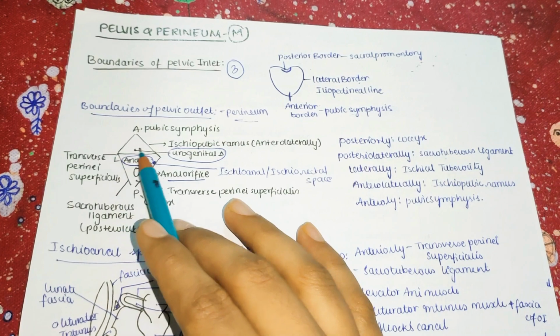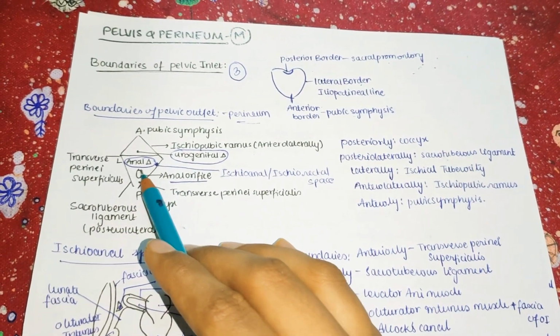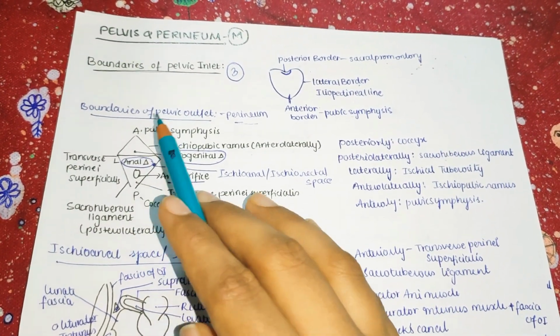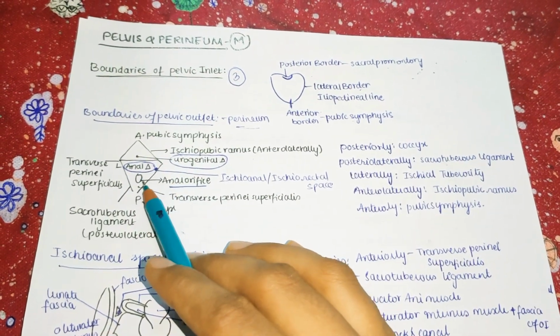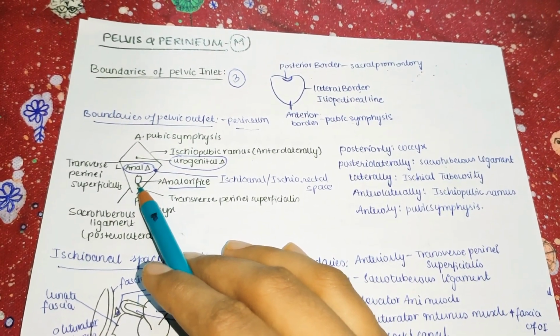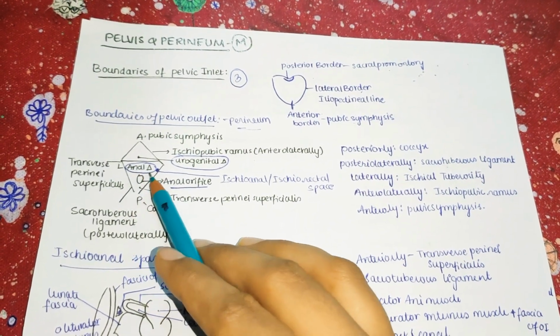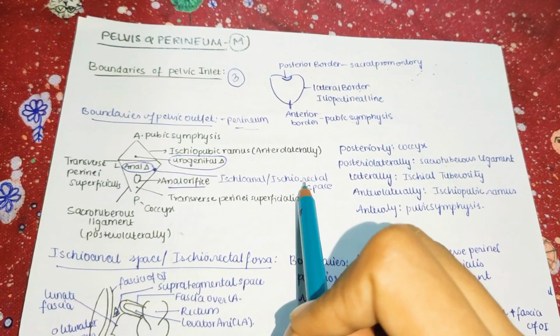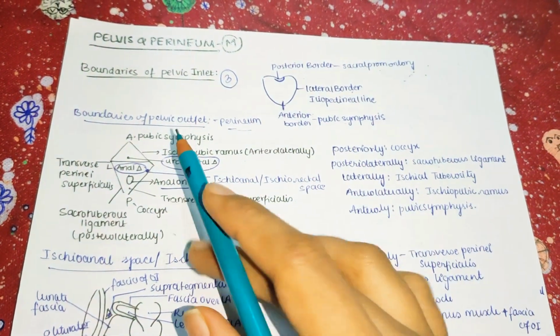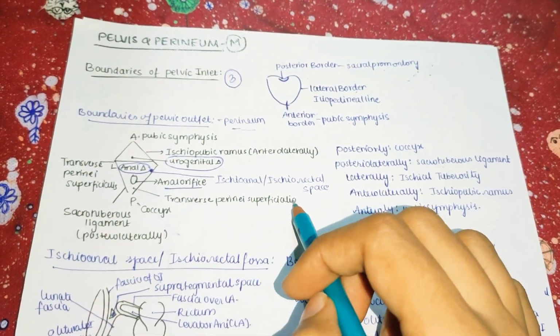Now this posterior part is divided into the anal triangle, and this anterior part is divided into the urogenital triangle. In the anal triangle you have the anal orifice. Surrounding that you have fat tissue, that is the ischioanal, also called the ischiorectal space. You can call it the ischioanal space or ischiorectal space.